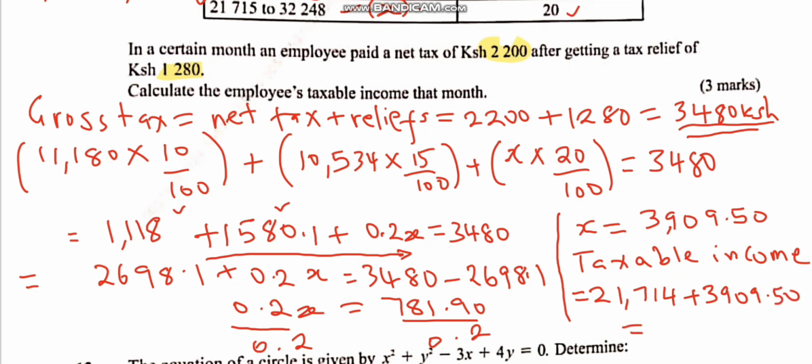So hizo mbili, 3,909.5 add it to 21,714 kutumia calculator yako, na answer yako itakuwa Kenya shillings 25,623.50.